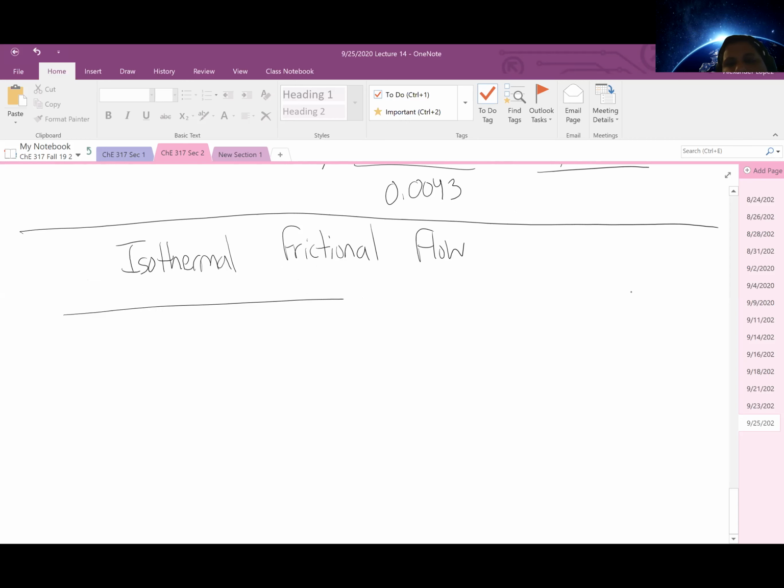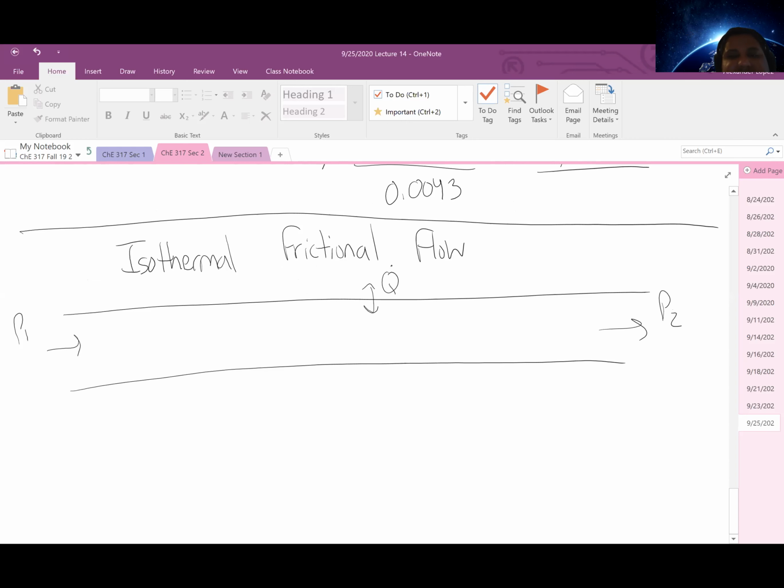Since we're allowing heat transfer to occur, in addition to being concerned about the frictional dissipation and pressure drop, P1, P2, we also have to keep an understanding of the anticipated heat transfer necessary to maintain a constant temperature.